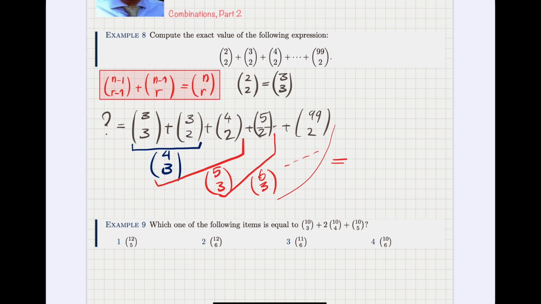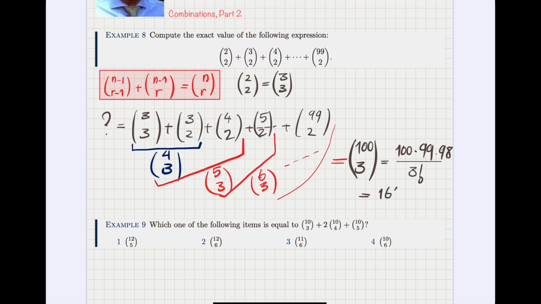103 choose 3, yes. And now this is not hard to calculate. I need 3 factorial in the denominator, the multiplication of 3 consecutive numbers on top. Let me use my calculator: 100 times 99 times 98 divided by 6, because 3 factorial is 6, so the answer is simple.